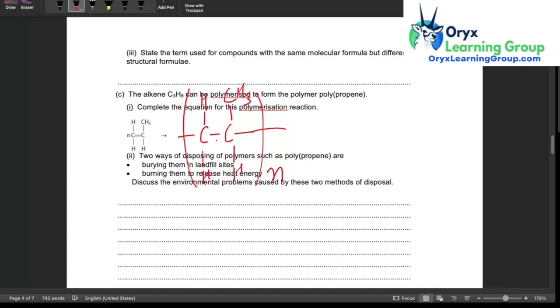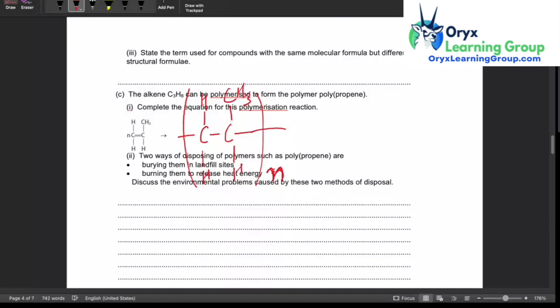When they say n number, it can be 1,000, 10,000, 1 lakh, 1 million, we do not know. So when we write it here, it means that many units are joining together like this. And we add the n at the end? We have to put n here, not at the end. So this shows that n number of molecules are joined.